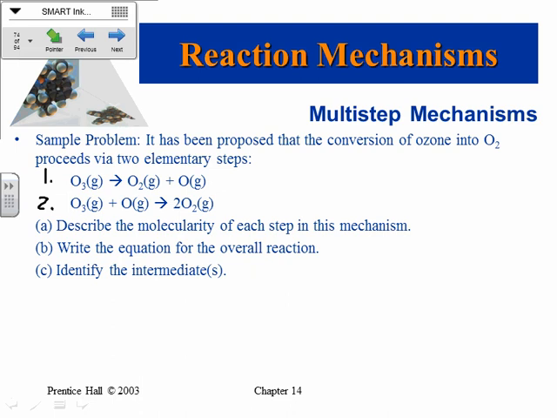In the first step, what is the molecularity? The first step is unimolecular. There's only one thing on the reactant side, right? So the first step of this mechanism involves just the splitting apart of O3. Now what might do that?